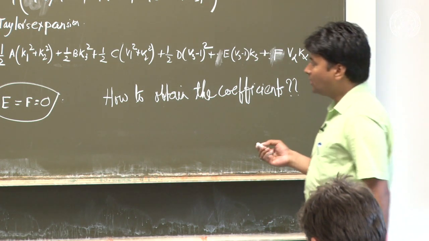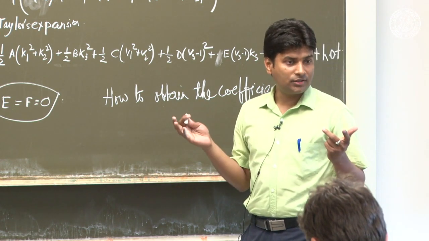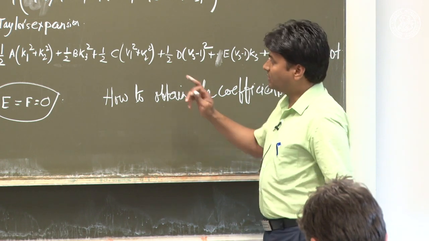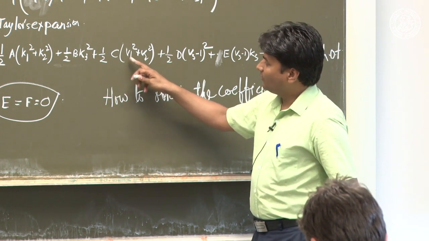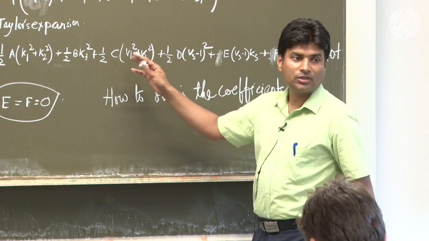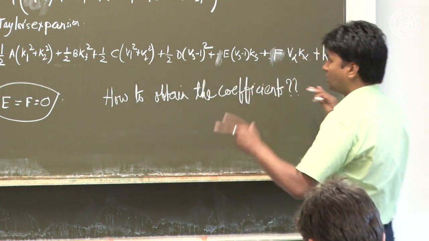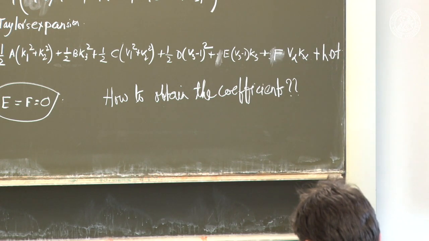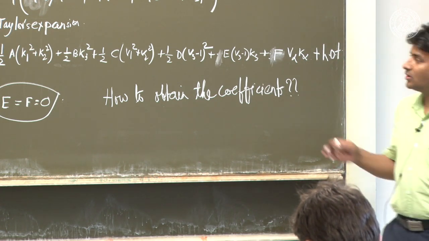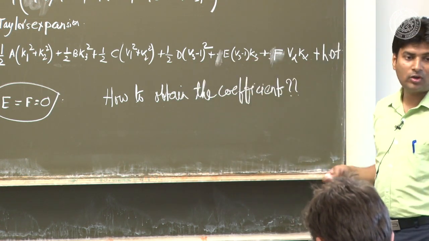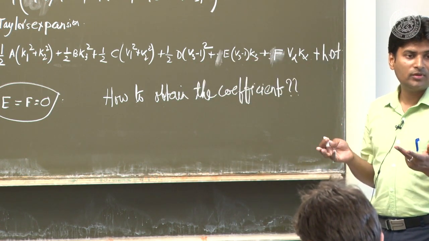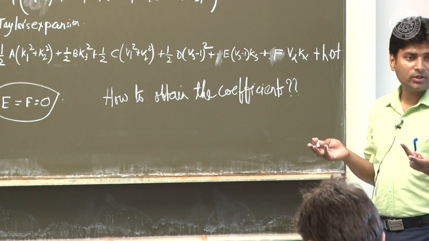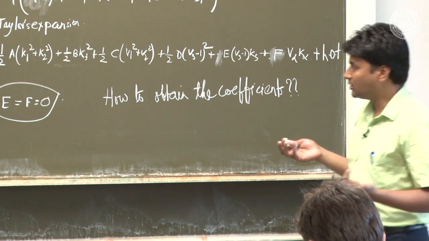And further, if the strains V1, V2, V3, K1, K2, K3 are very large, this quadratic model is not sufficient. You also need to have higher order terms. And in fact, why work with polynomial expansion? Why not with some other functional form? That is again something we do not know, isn't it?